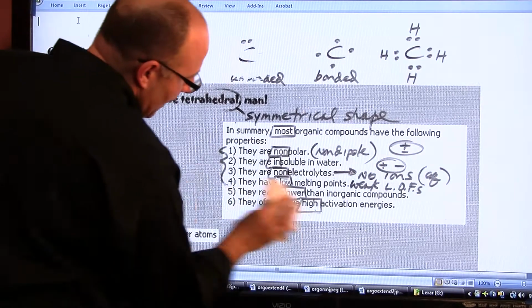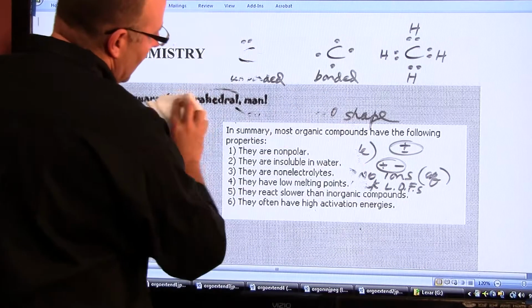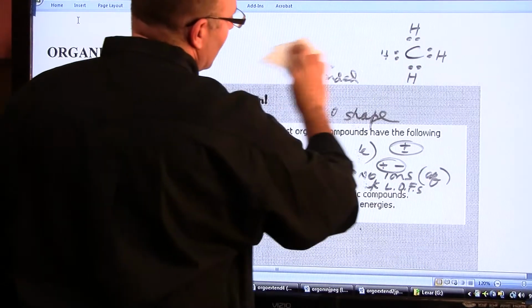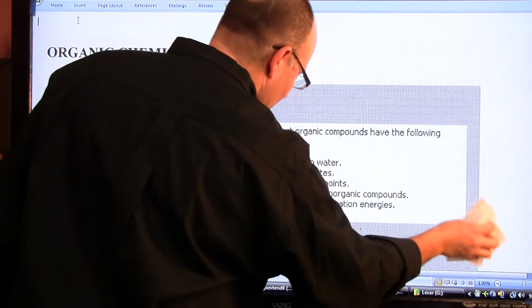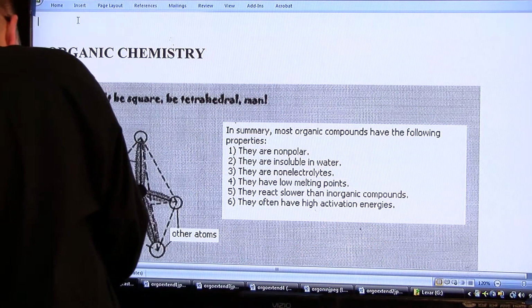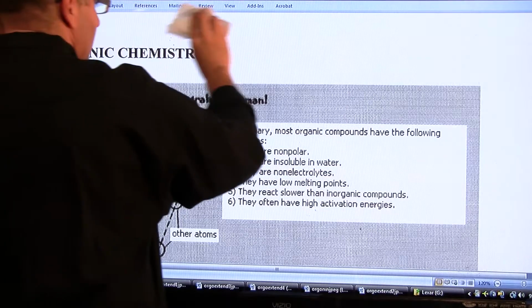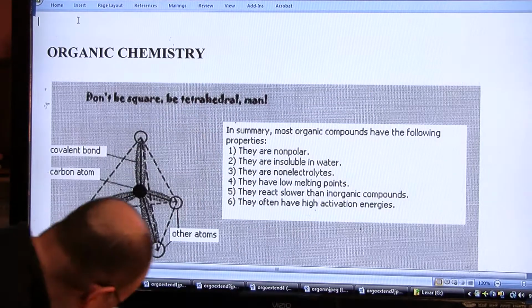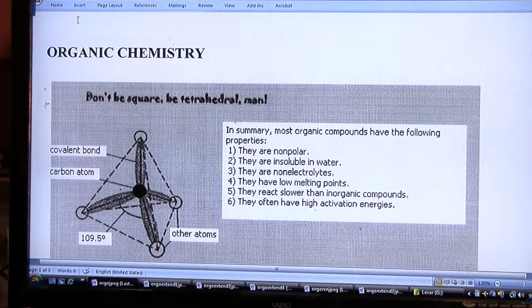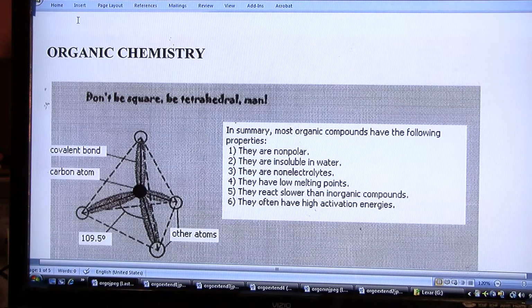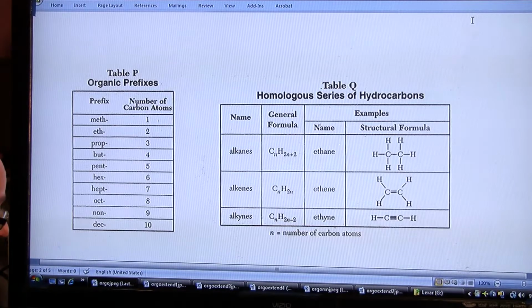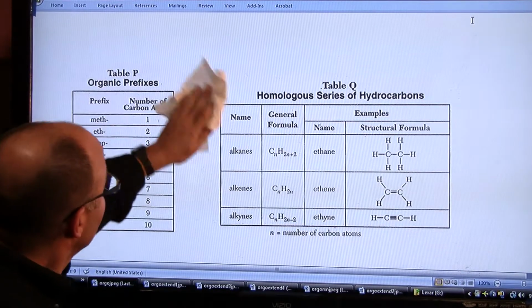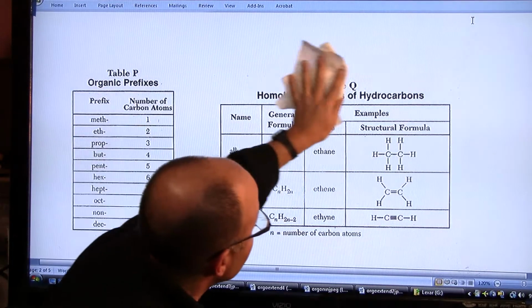And you're going to need your reference table, so you can refer to table P and table Q to continue this review. Okay, looking at table P and table Q, first of all, to the left, table P.